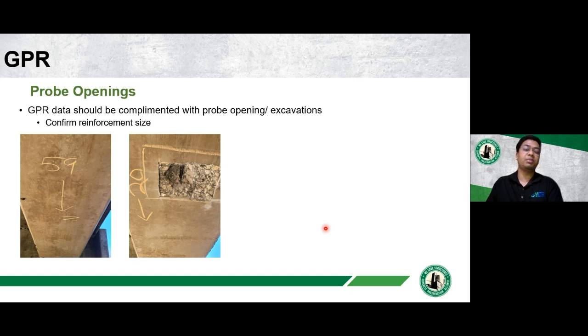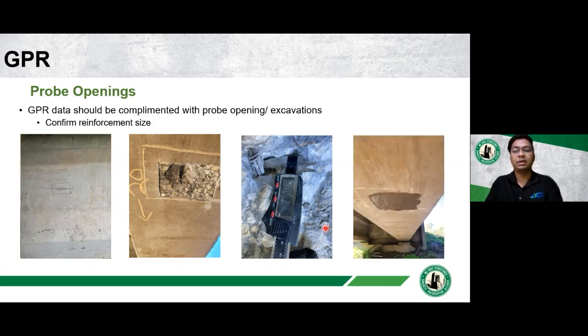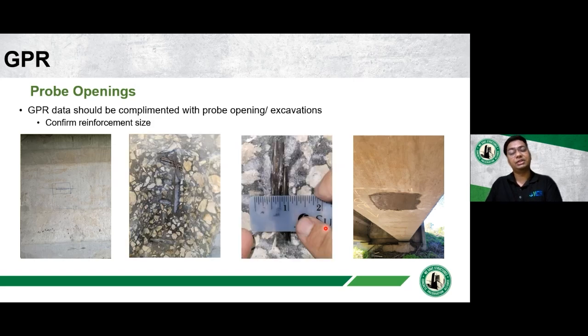You make a small opening, let's say 4 inches by 6 inches, expose the strand, and take the actual measurements of the strand so that you know the exact size, and then you can always patch it back. In other words, using destructive testing, meaning physically measuring the strand diameter, increases the confidence in the load rating calculation. So probe openings, in addition to the GPR scan, can give you an immense amount of information for the calculations.